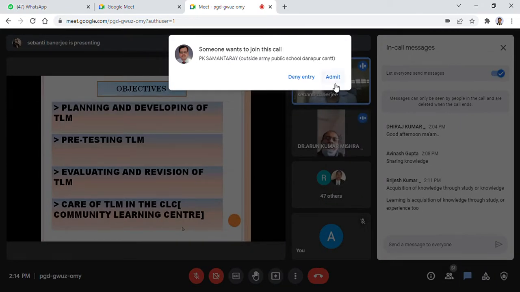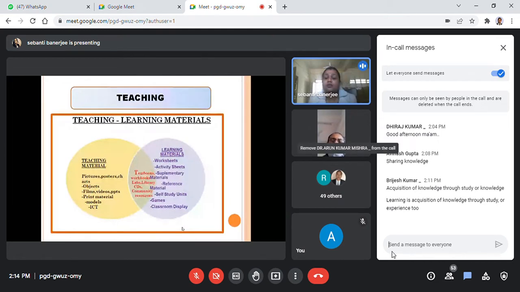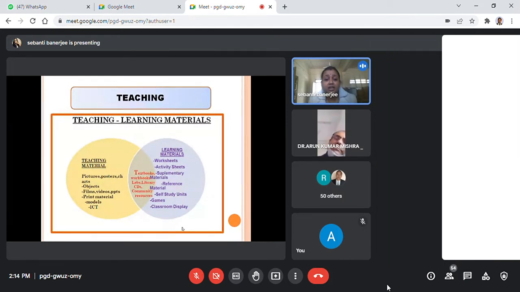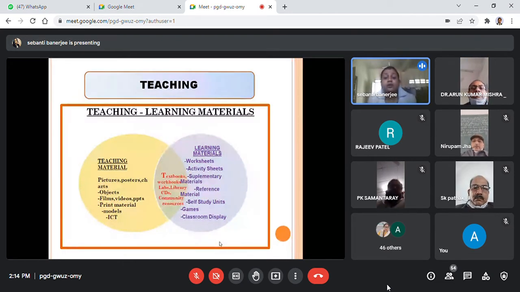Now, this slide represents a Venn diagram of various types of teaching learning materials. First and foremost, we always have to remember that whenever TLM comes into our mind, it is not only concerned with the teachers, but also equally concerned with the students as well.